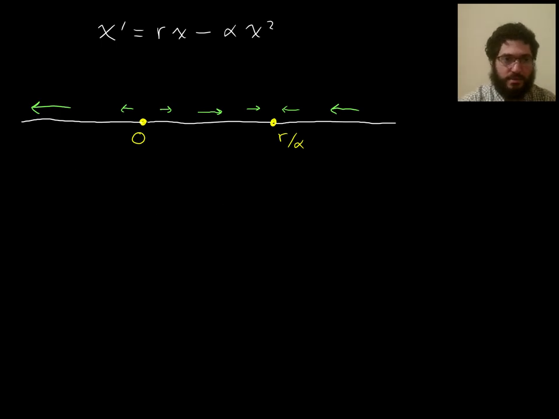Now, the critical points: we observed that the critical points give you equilibrium solutions. But there are different kinds of equilibrium solutions. So here, this kind of picture would be called a stable equilibrium.